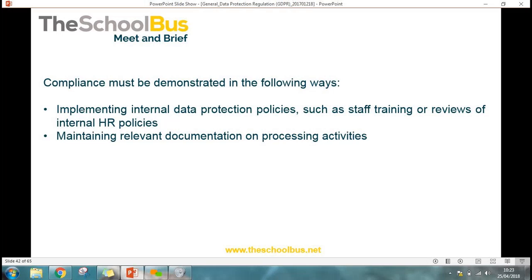Obviously, maintaining relevant documentation on activities, so it's good to keep some logs. Any data breaches are all kept in a log, how you process data is kept in a log, and subject access requests. All this information needs to be logged and kept, so it can all be reviewed in case there is a data breach.